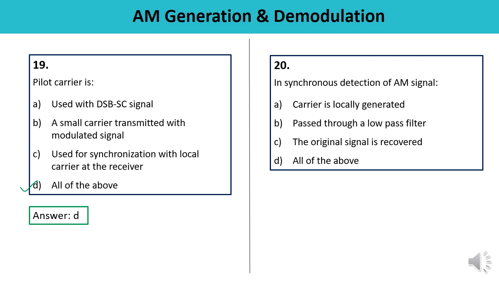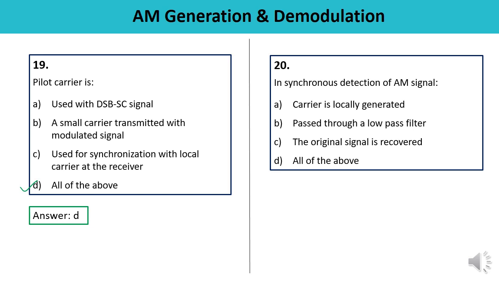Question number 20. In synchronous detection of AM signal, carrier is locally generated. It is passed through a low pass filter. The original signal is recovered, and all of the above. So in case of synchronous detection of AM signal, the carrier signal is locally generated, that's true. And then it is passed through a low pass filter. You just try to recall what you have studied, what you have drawn in the block diagram.